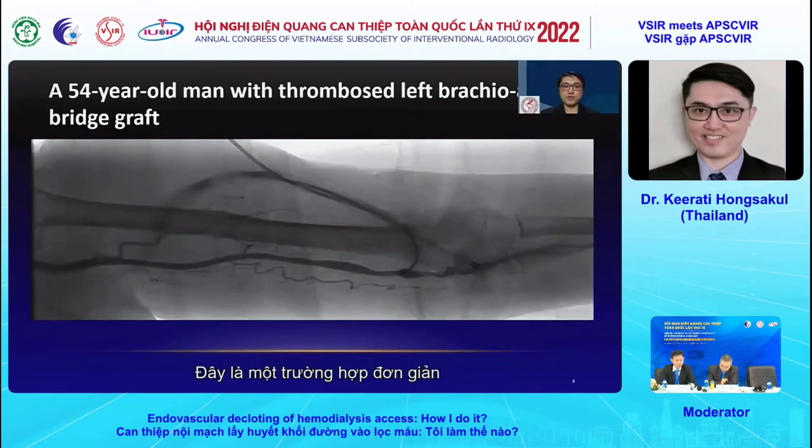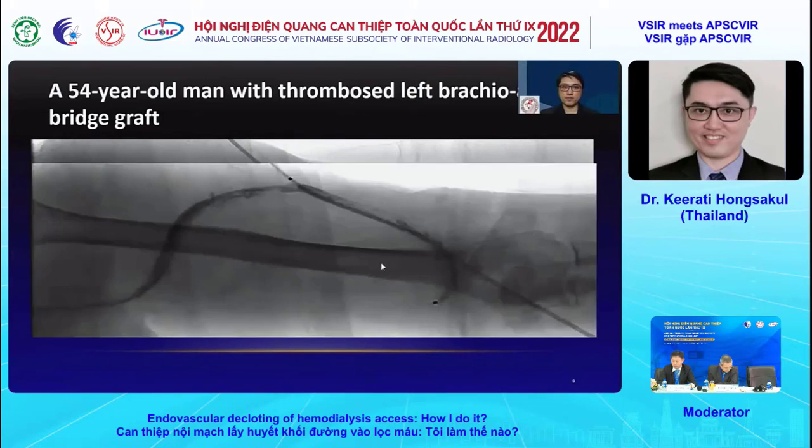This is an example case. This patient has thrombus of the left brachioaxillary graft, and the vascular sheaths are inserted proximally and distally, and then we use the catheter infusion for pulse spray thrombolysis.